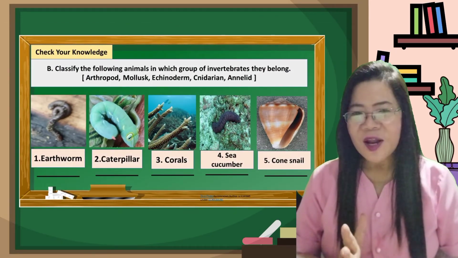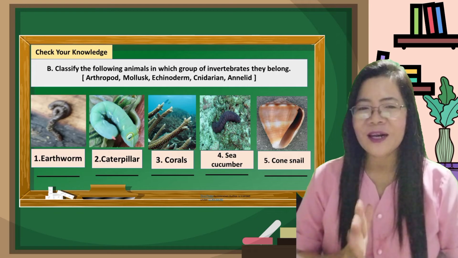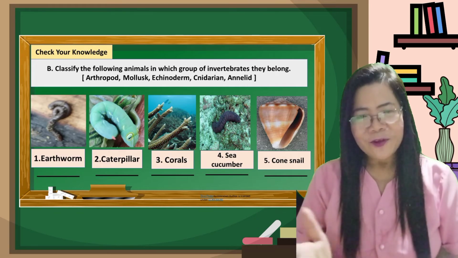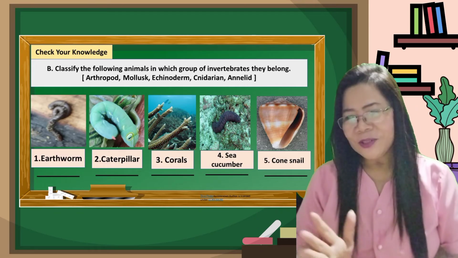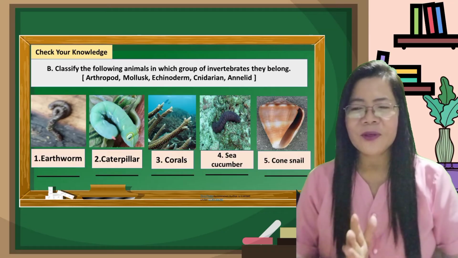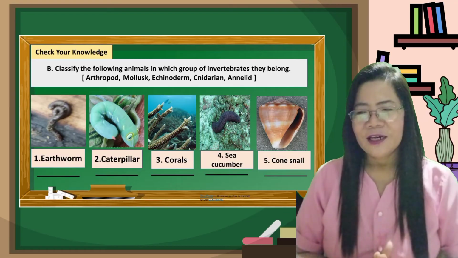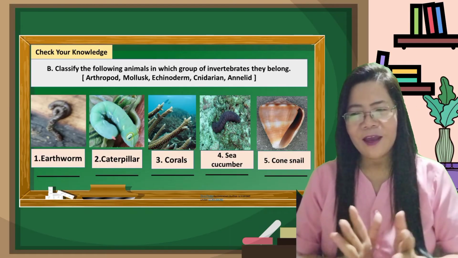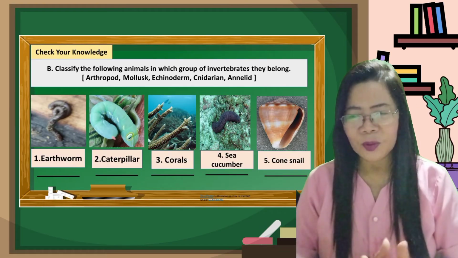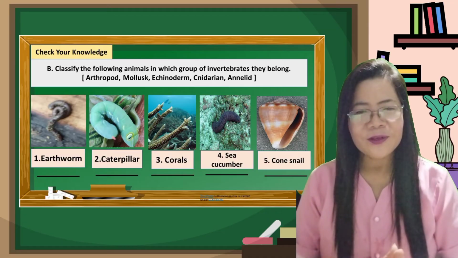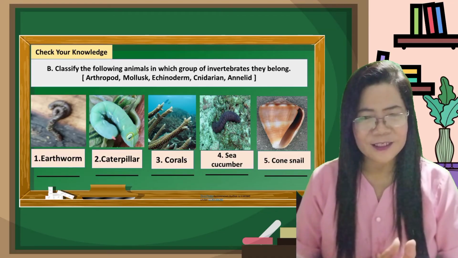To have more understanding about our lesson, do the following activity. What you are going to do is classify the following animals in which group of invertebrates they belong, if they belong to arthropod, mollusk, echinoderm, cnidarian, or annelid.